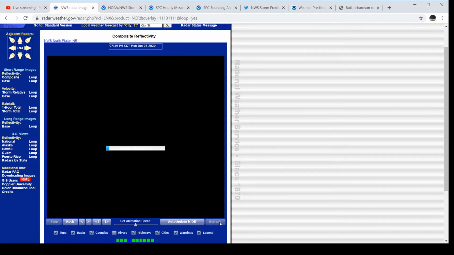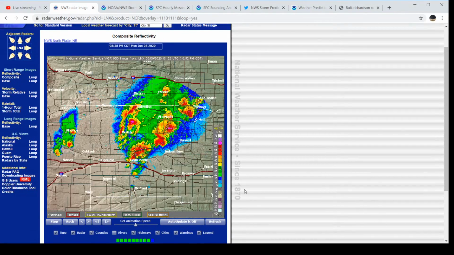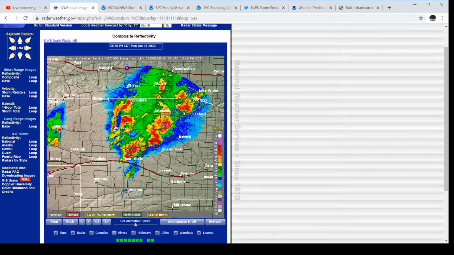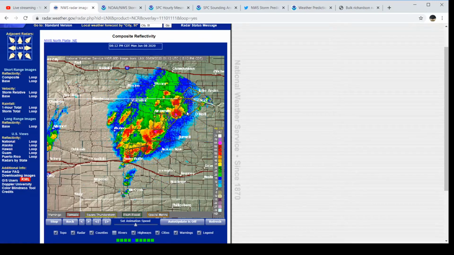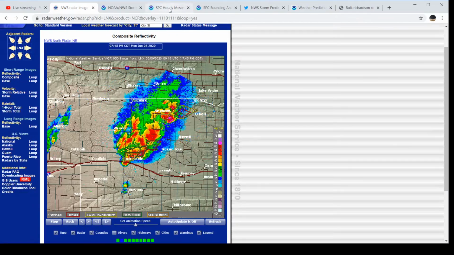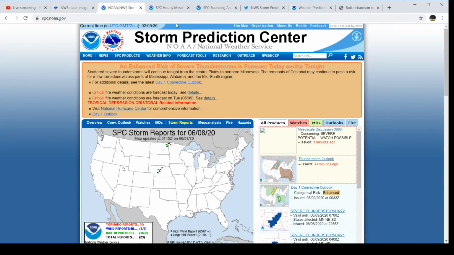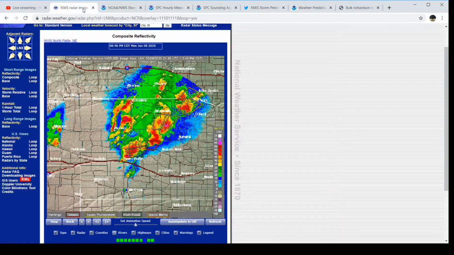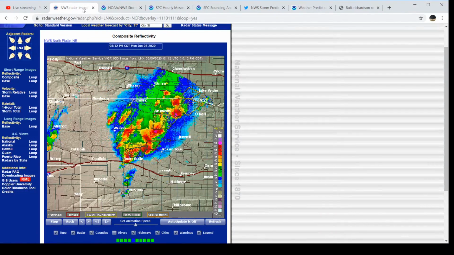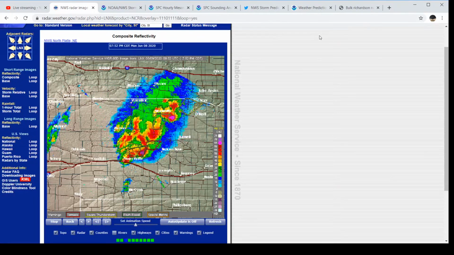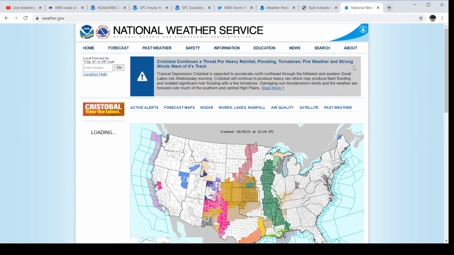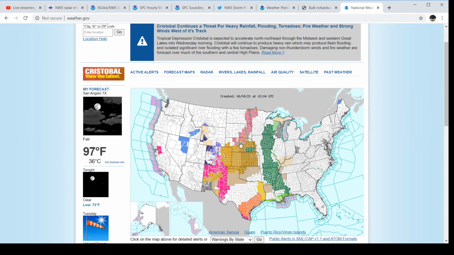Let's refresh this and see what's happening. So they just took off that tornado warning. Okay. So as of right now, we got no tornado warnings. Oh wait, let me take that back. Yeah, no tornado warnings as of right now.